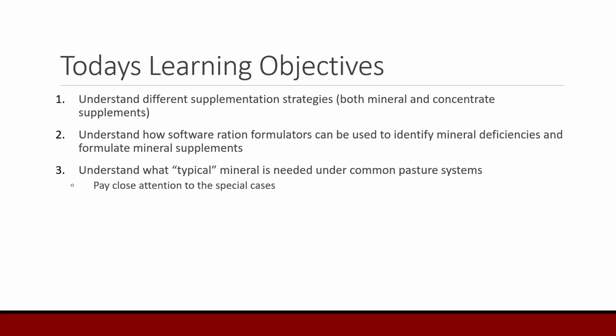Most forages are going to be deficient in salt. So at a minimum, we usually will have to provide cattle with salt. However, if it's a warm season pasture, beginning of the season, we may not need to provide much else. There may be very minimal deficiencies other than salt. In legume pastures, alfalfa, we may not need to provide any mineral.